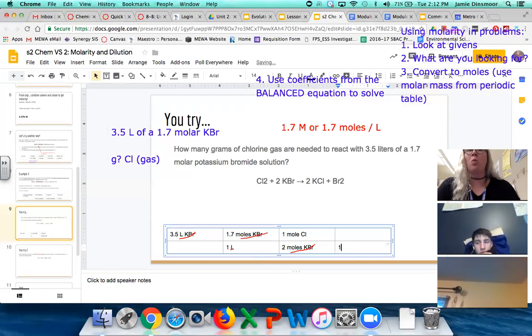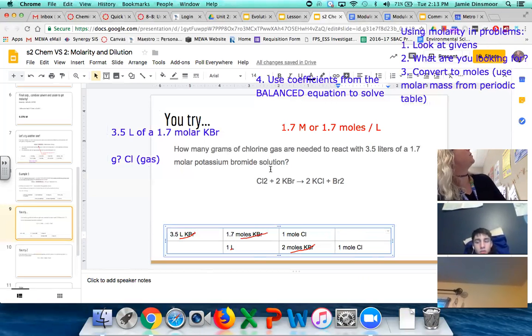Right? So we know for 1 mole of chlorine, we just look at the mass on the periodic table. However, do we? Chlorine gas is Cl2, right? It's 2 chlorines bonded together. So my molar mass of chlorine gas is going to be 35.45 times 2 because there's 2 atoms.